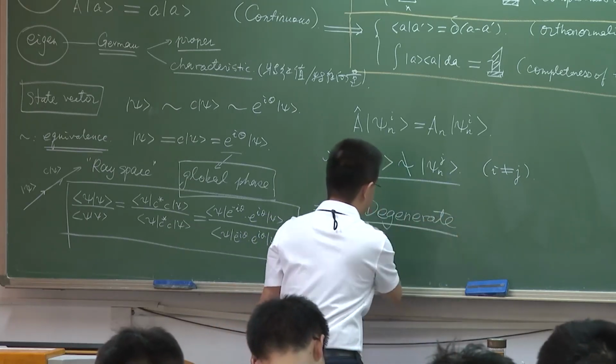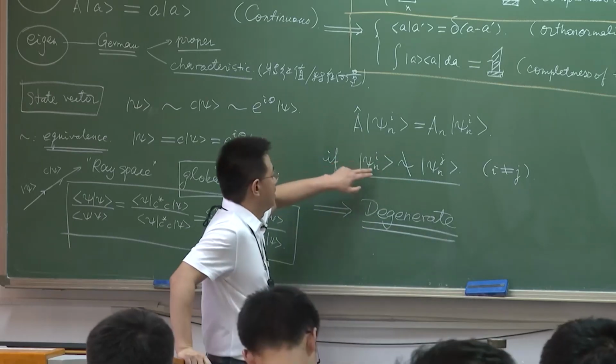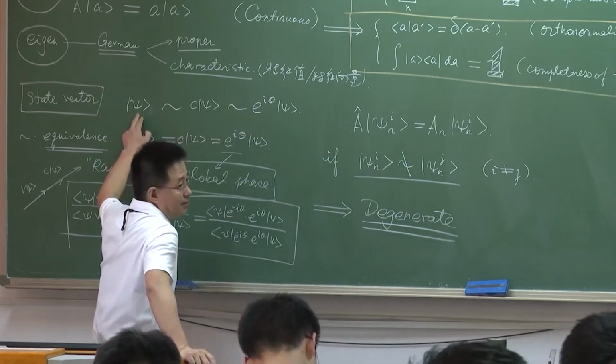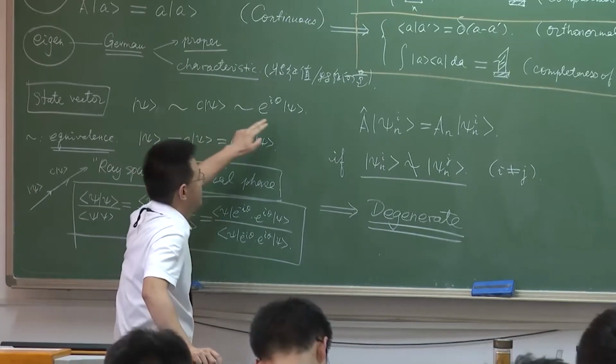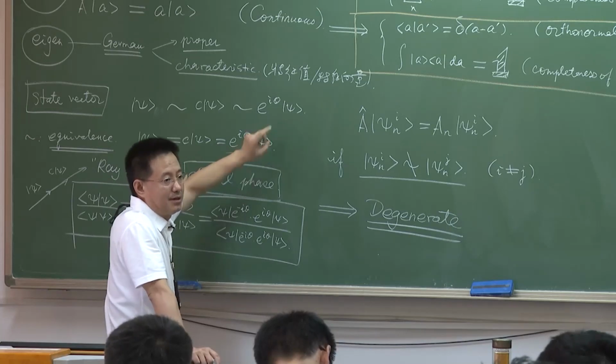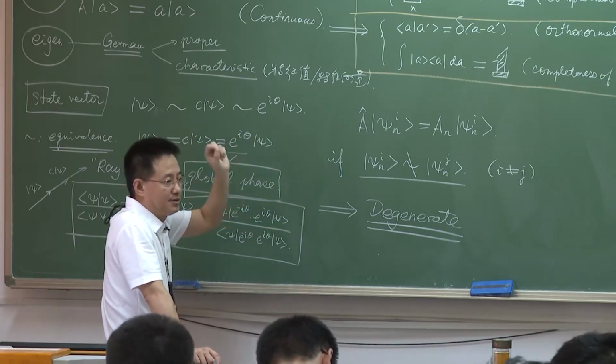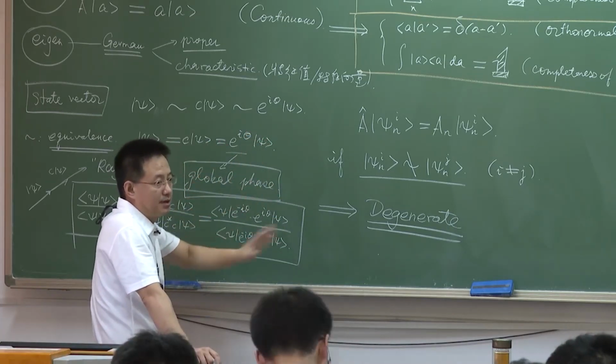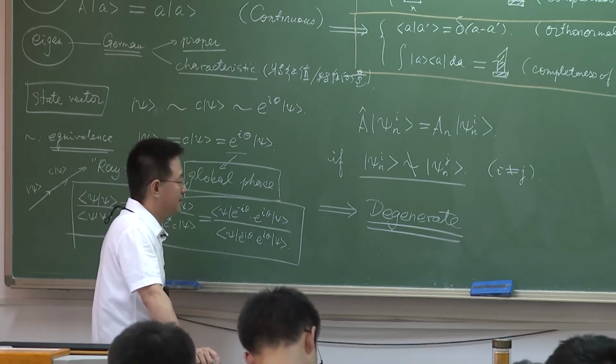If you have this eigenvector, and also this eigenvector, that's the same eigenvector. The same eigenvalue corresponds to the same eigenvector. You don't have any degeneracy. That is non-degenerate.